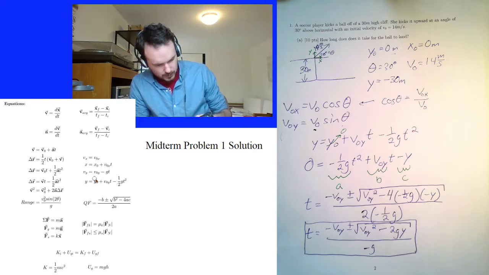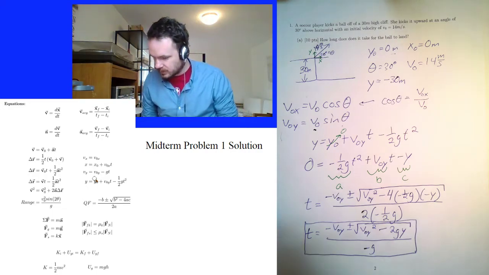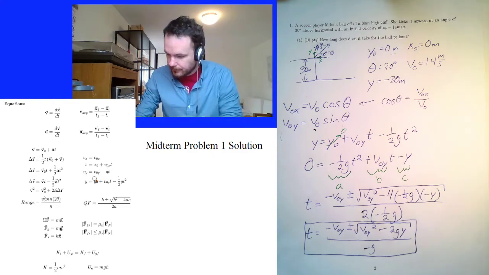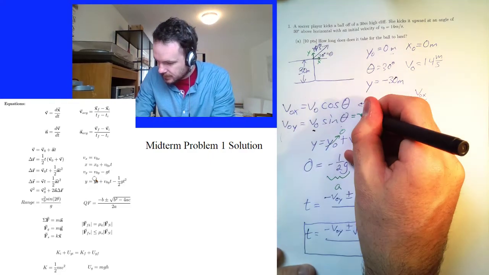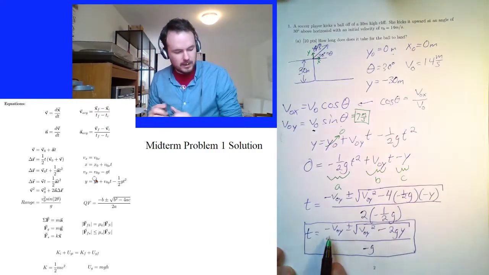I have to switch to, sorry, to degrees. Okay, 14 sine 30 degrees is 7. I suppose I should have known that because it's a 30, 60, 90 triangle in this case. So v0y is 7 meters per second.